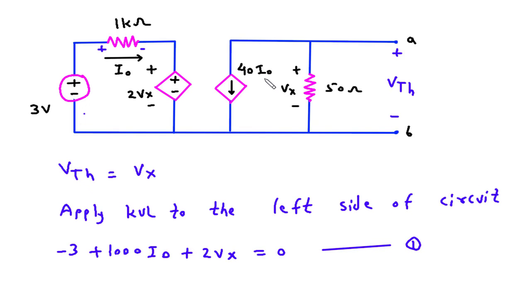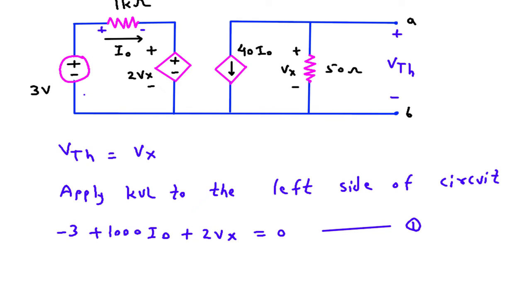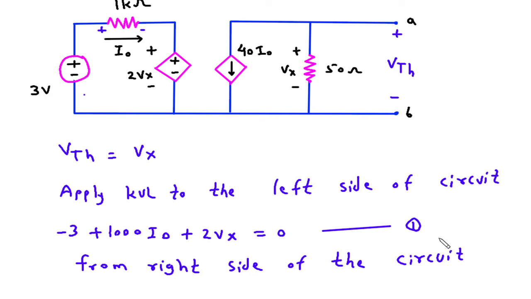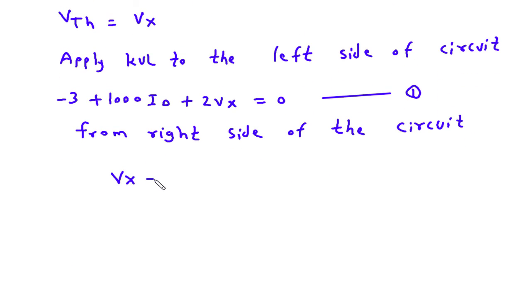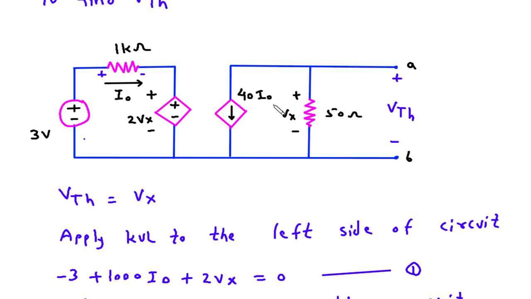Now from the right side of the circuit, Vx will be equal to minus 40 IO into 50.